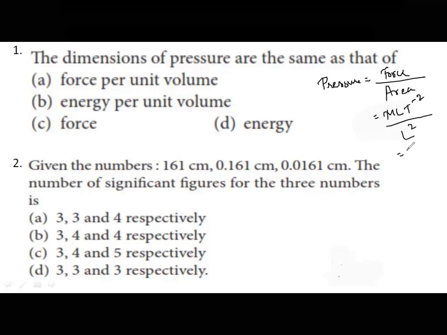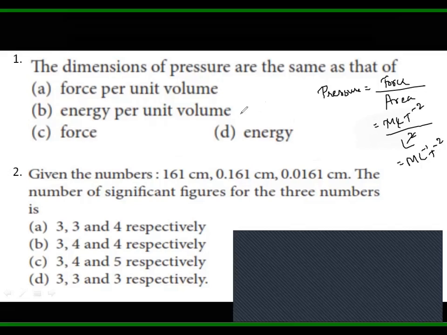So what is the dimension? M L T minus 2 divided by L square, one L gets cancelled. So it becomes mass per length and per time square, right? So this is similar to which of the following they have asked. Force per unit volume? No. Energy per unit volume? Let us see.